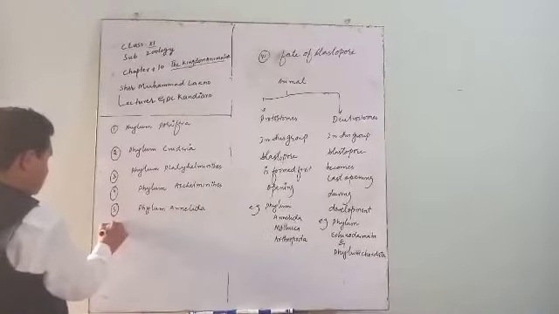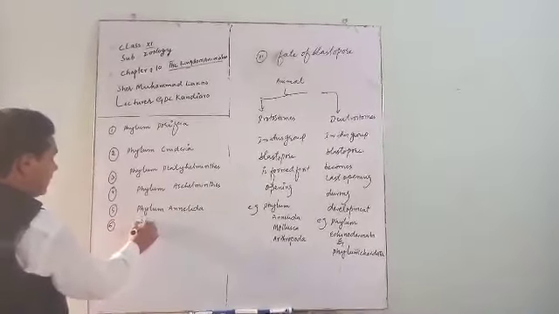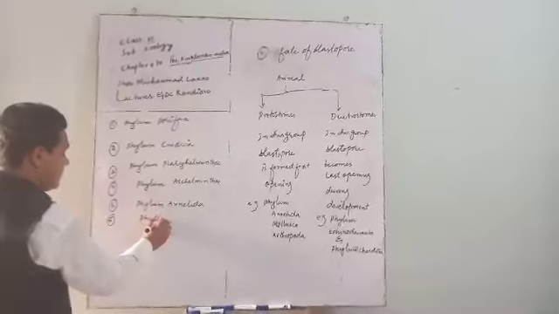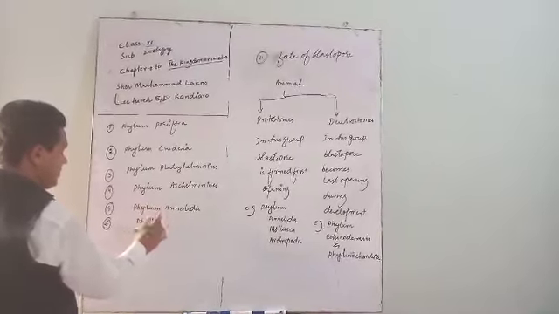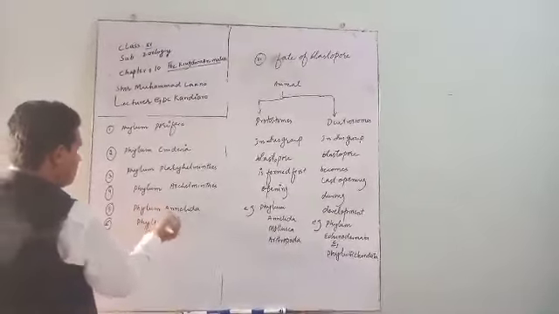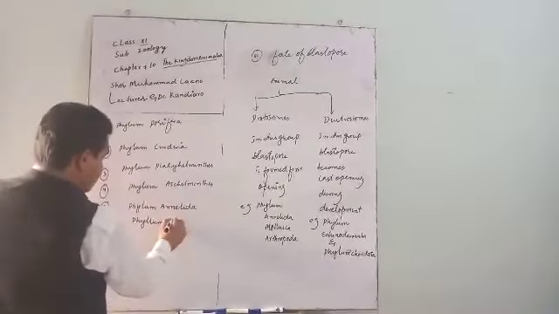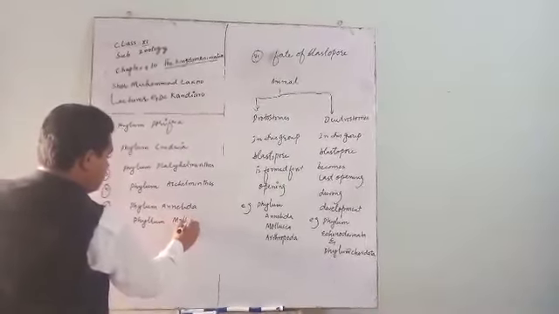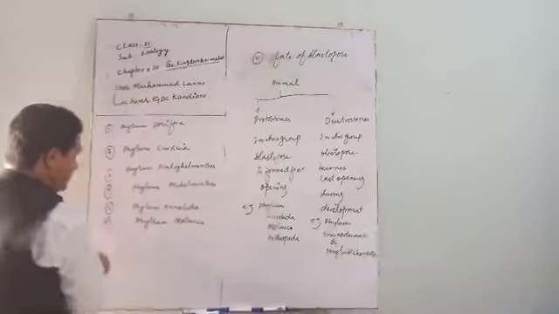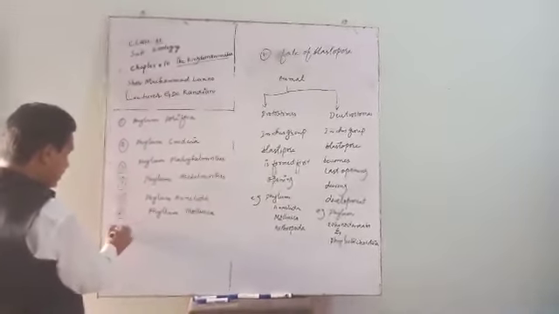Number 6, phylum Mollusca. These are also called soft-bodied animals.